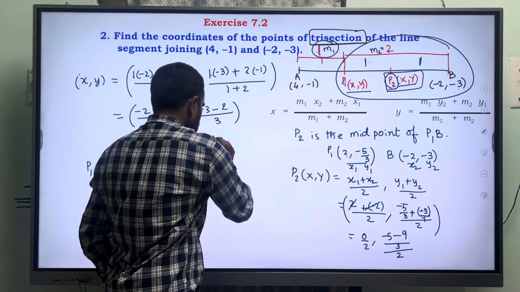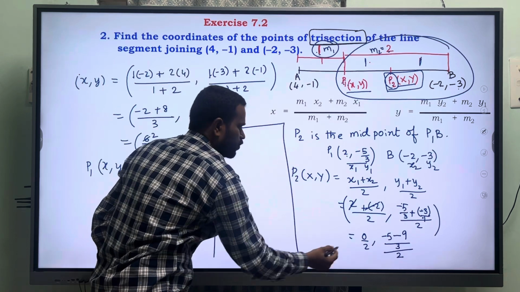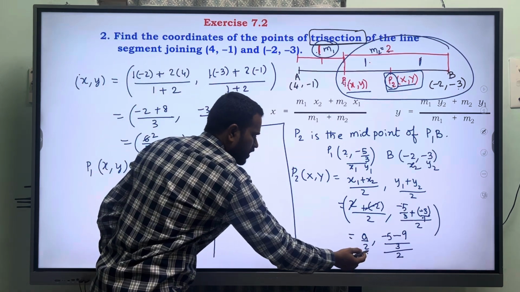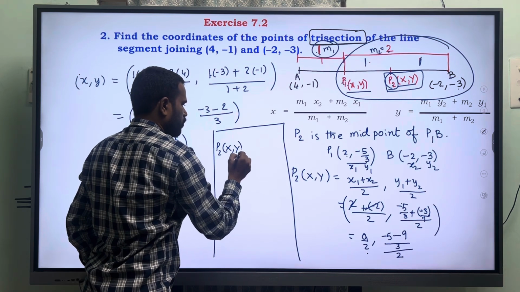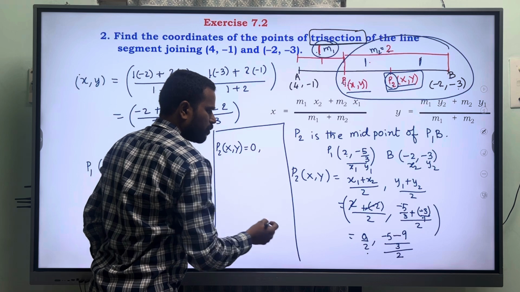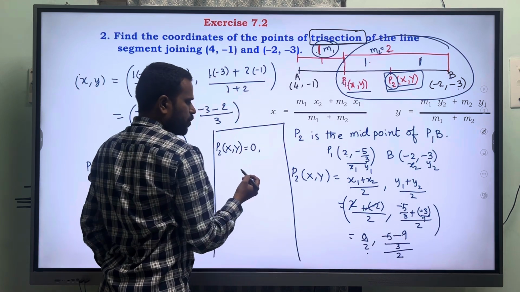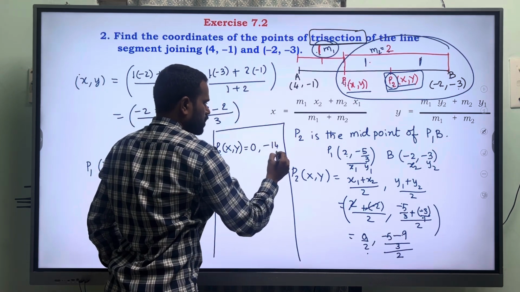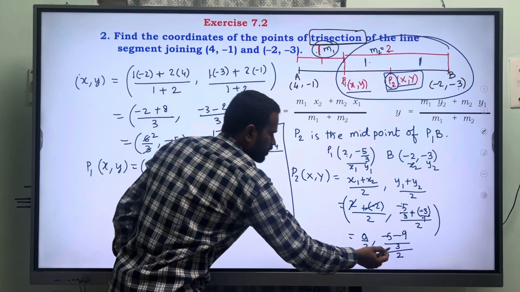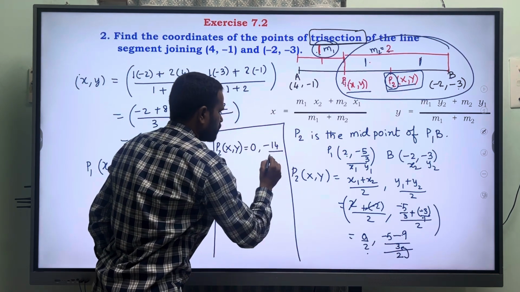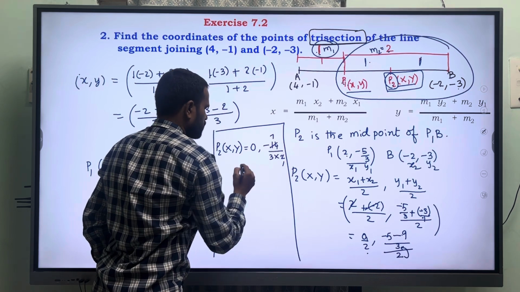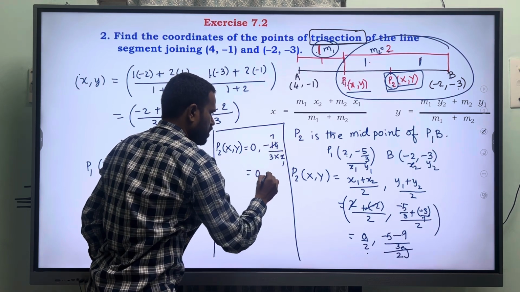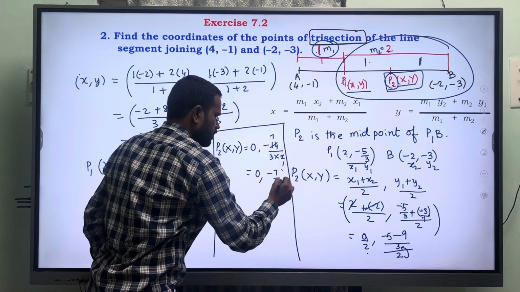Okay, now let me do it here. So this is 0 by anything is 0. So P2 x comma y equal to 0 comma minus 5 minus 9, how much? Minus 14 by 3, this 2 will come on the bottom, 3 into 2. 2 7s are 14. It is equals to 0 comma minus 7 by 3.